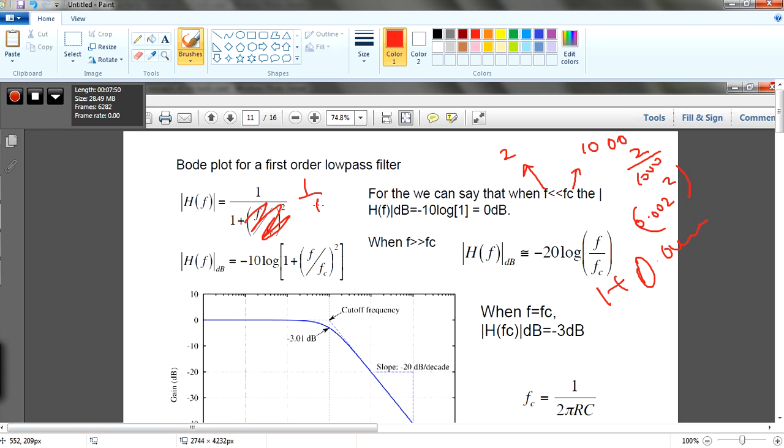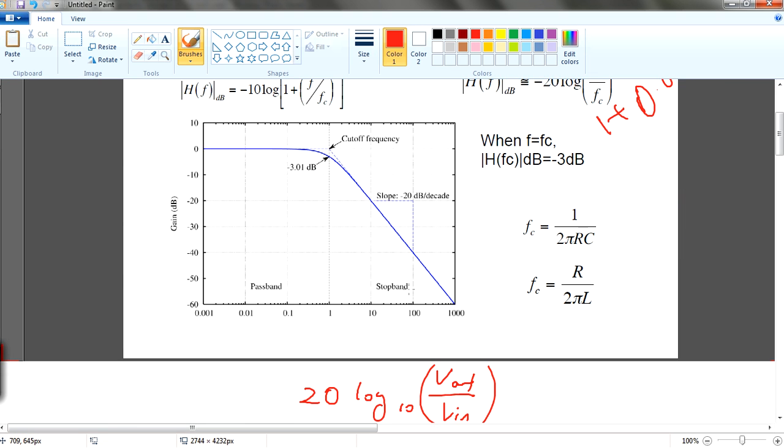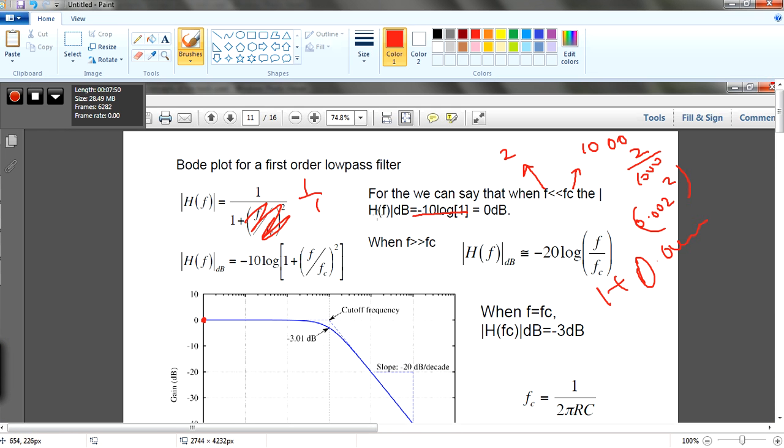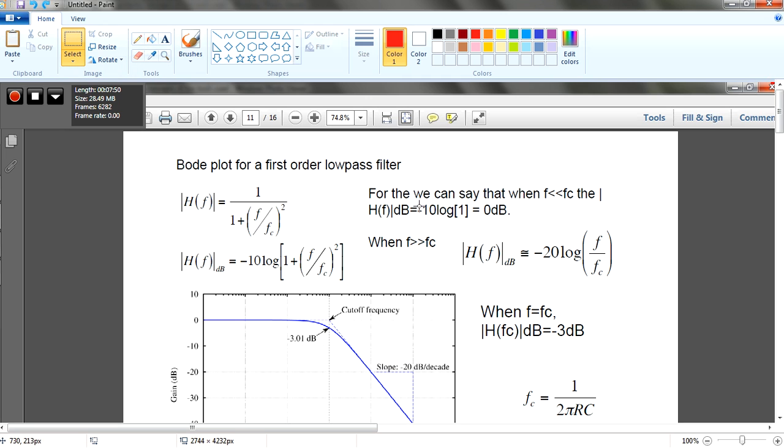In this case, minus 10 log 1 is equal to 0 decibels, which is very minimum gain. This only applies if your cutoff frequency is much larger than your input frequency.